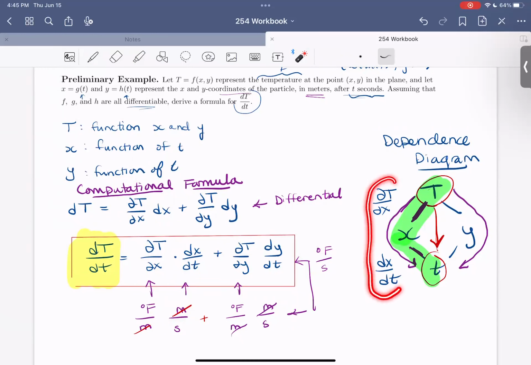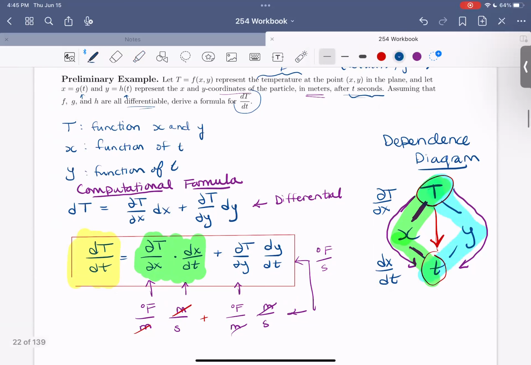All right, so we have those two components which fit in here. And then we have to take the other path as well to get to t. So we have T to y to little t. So what comes out there would be a partial with respect to y, and then the derivative of y with respect to t.